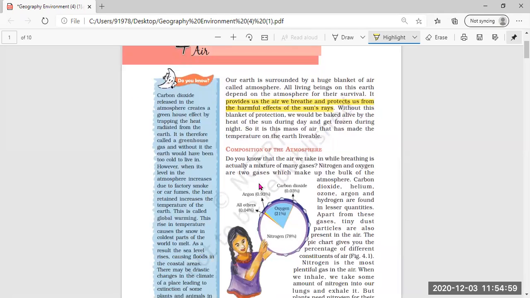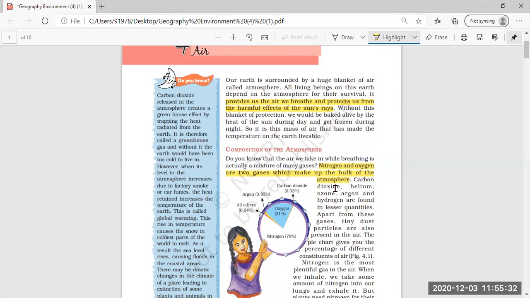Then next, composition of atmosphere. Do you know that the air we take in while breathing is actually a mixture of gases? Nitrogen and oxygen are the two main gases which make up the bulk of the atmosphere.